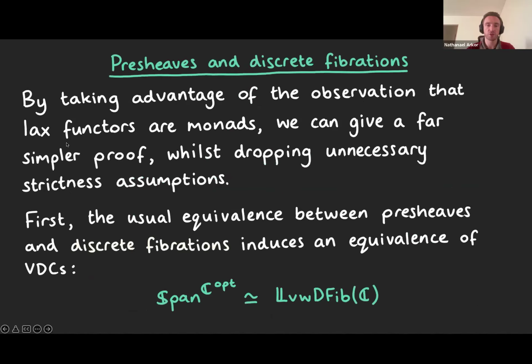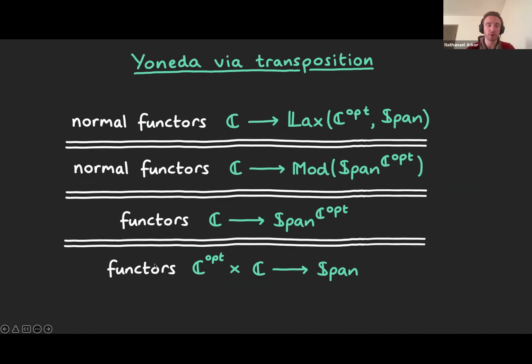So for instance, one thing I didn't have time to mention is that just as every category has a Hom functor from C op times C into Set, every double category has a Hom functor, which is a lax functor from C op times C into Span. And it turns out that this embedding and the embedding into the virtual double category of lax functors that Pare considers satisfies a Yoneda lemma. And it satisfies the Yoneda lemma in two ways.